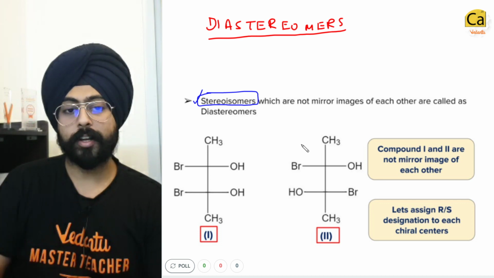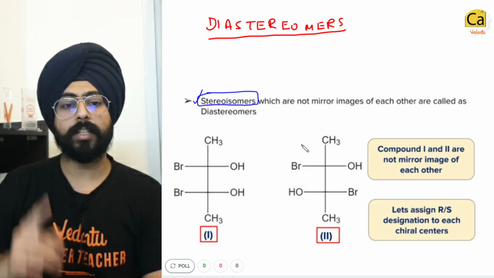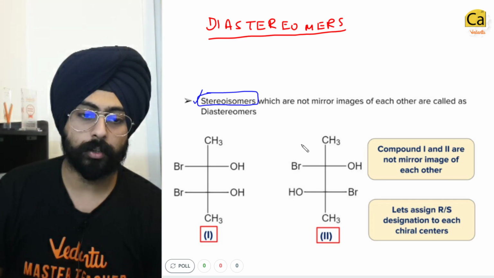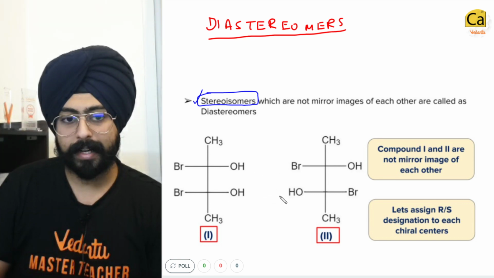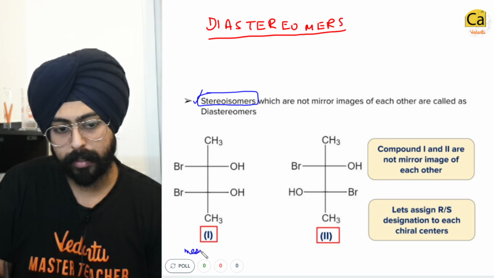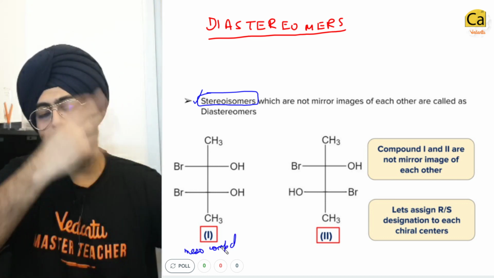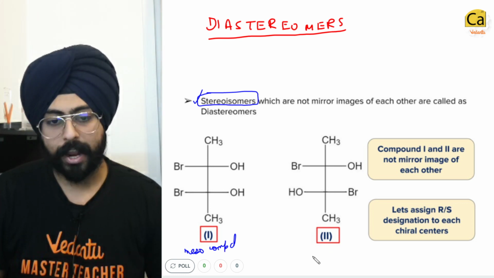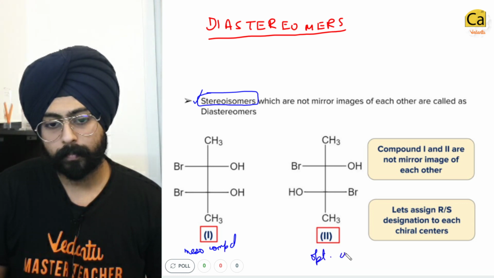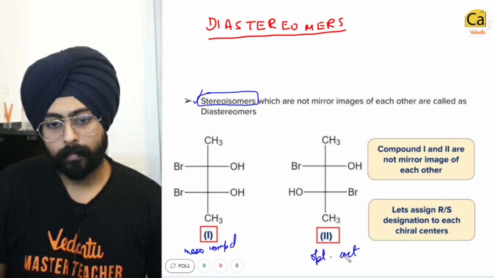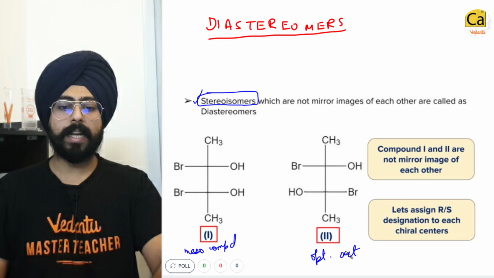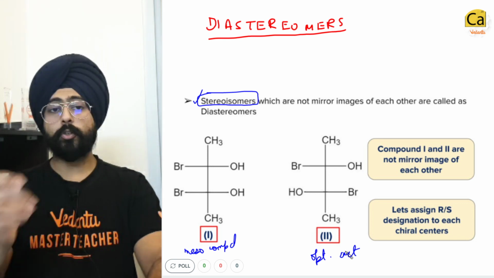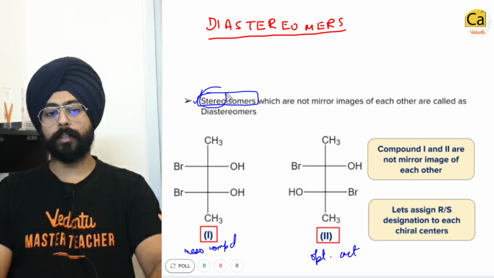So stereoisomers which are not mirror images of each other are called diastereomers. Do you realize that of the two compounds that we've made at the bottom, the left compound is a meso compound, and the right hand side compound is an optically active compound? Till now, I am sure these ideas are clear to you that the left compound is meso and the right is optically active. These two are stereoisomers of each other.